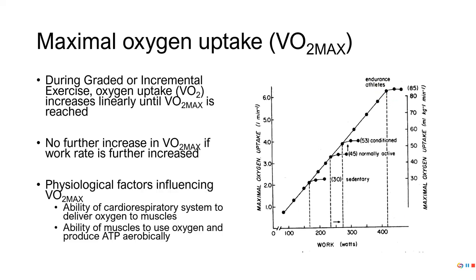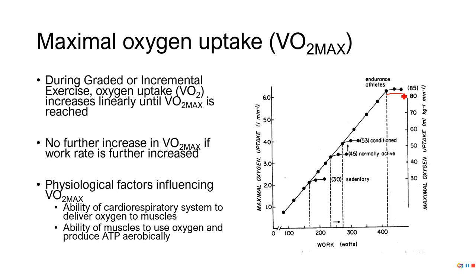And the reason that this happens is we just don't have the ability to either get oxygen into the body, take oxygen out of the bloodstream, or use the oxygen that's in our cells any more than what our maximal capacity is. And so we can increase our intensity because we start relying on those anaerobic systems. Okay. And so VO2 max lets us know what's the maximum amount of oxygen a person can use.